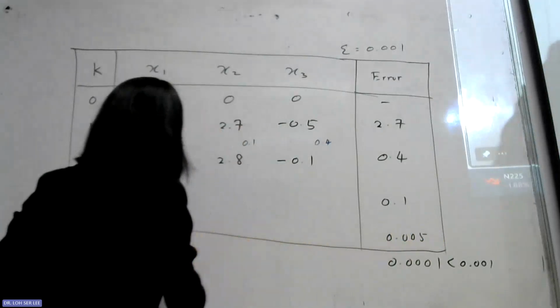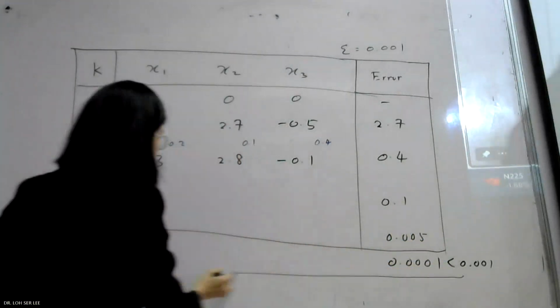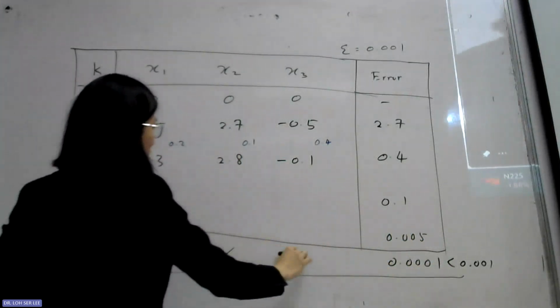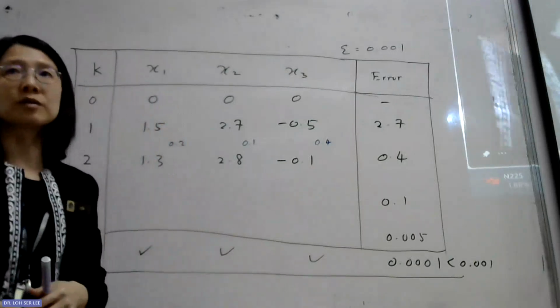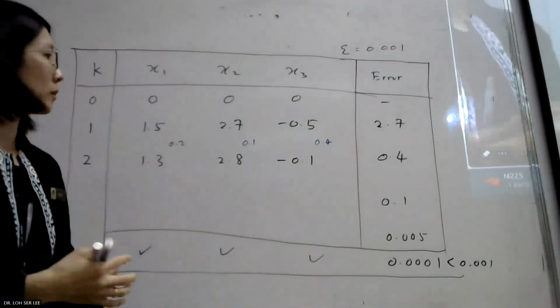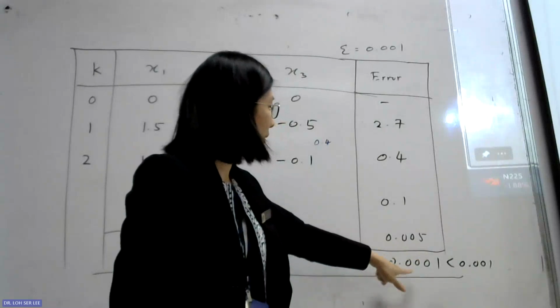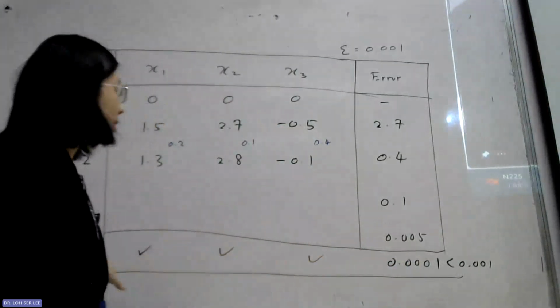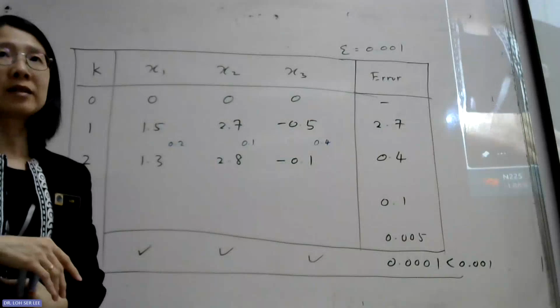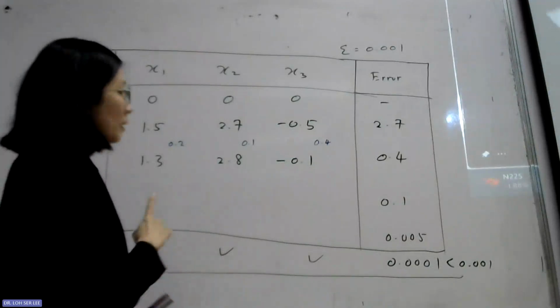So the last row, this x1, x2, x3, is the final solution. When the stopping criteria is satisfied, that row gives you the final answer.